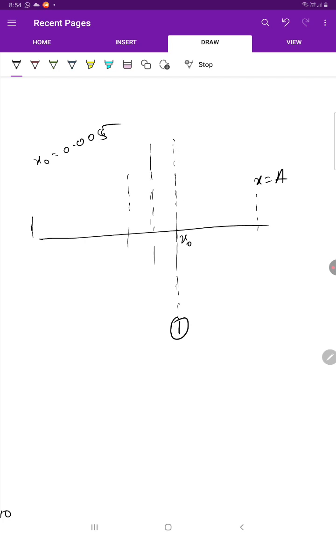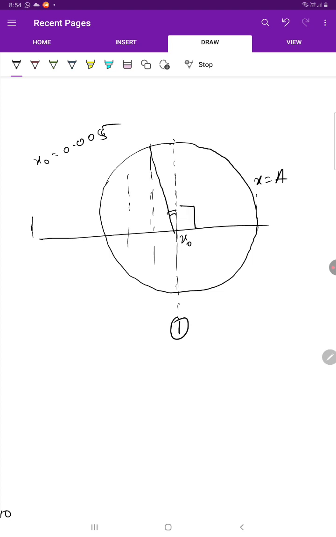So basically we'll draw a phasor, and the angle covered by it will be this plus the 90 degrees. So it will take some time T1, and the radius is a minus x naught. This is equal to x equals 0. And what will be theta? Theta will be sine inverse of x naught by a minus x naught.